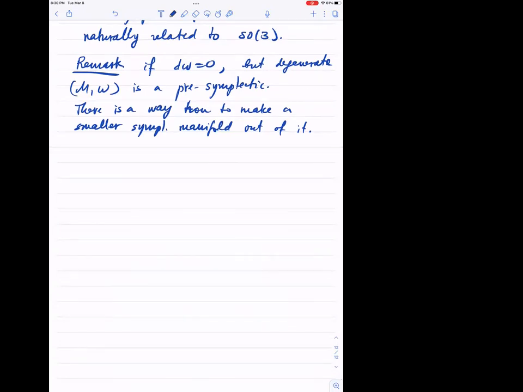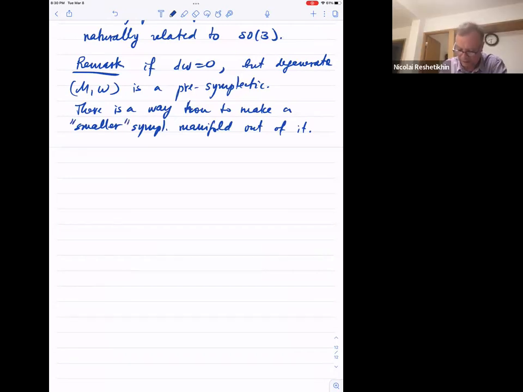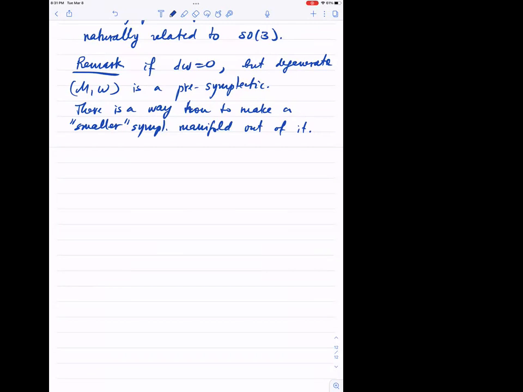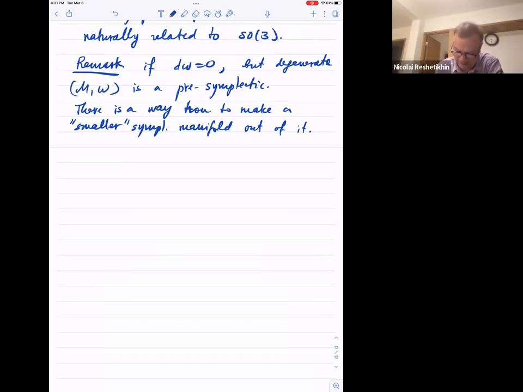What do you mean by smaller? Let's say, in local coordinates, it just has fewer local coordinates, so of lesser dimension. This is called symplectic reduction. It's not a submanifold, but one can construct a projection from M to something that, in good cases, is a symplectic manifold. In bad cases, it's something wild.